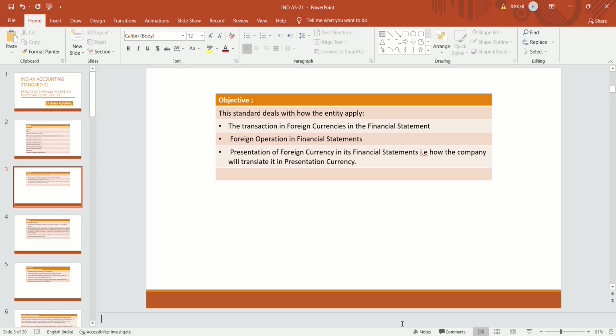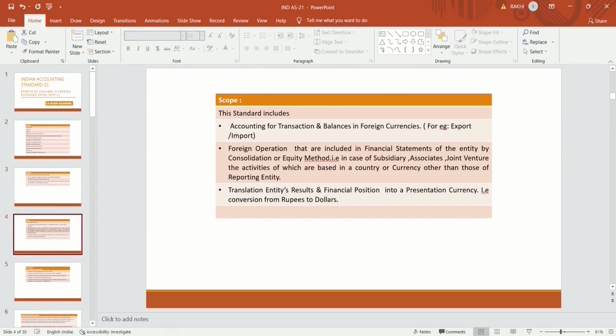If it is required by any law to make a presentation currency, then they will prepare it, and also for consolidation purposes. So these are the objectives of this standard. The transactions which the company makes in foreign currency, how they will be dealt with in the financial statements, and if there is a foreign operation, how it is presented. This standard says all that. Now what is the scope?